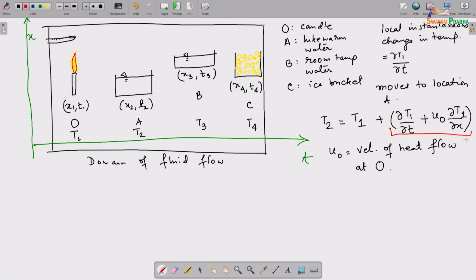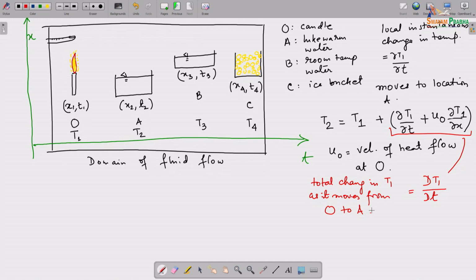So this is dT1, the total change in the temperature T1 as it moves from location O to A. Is that right?